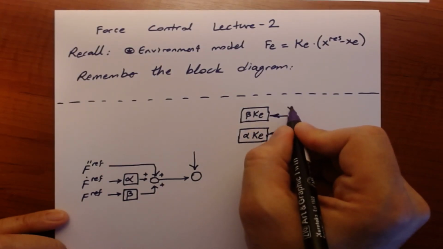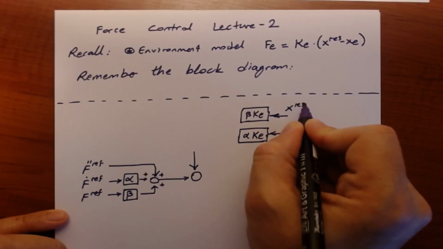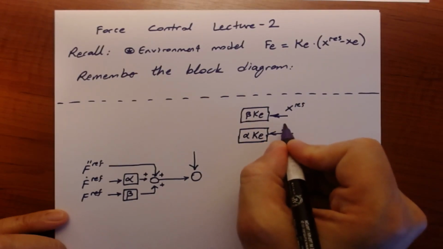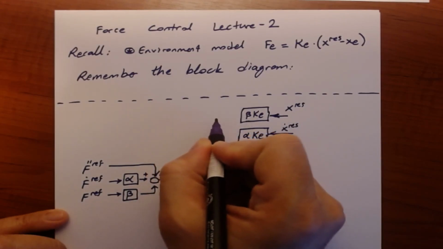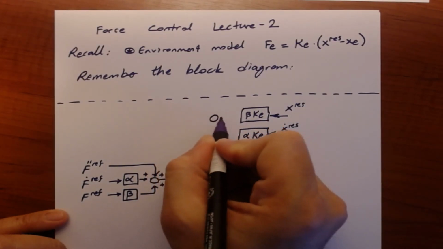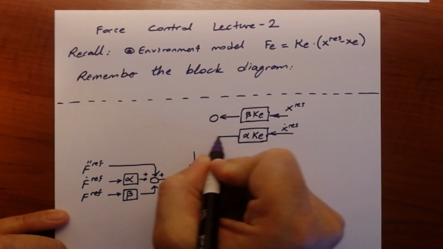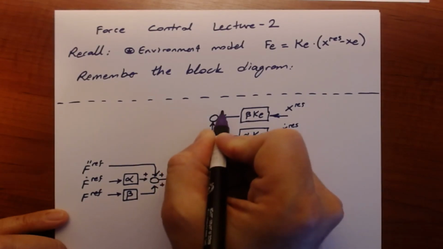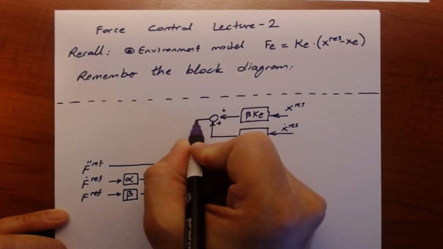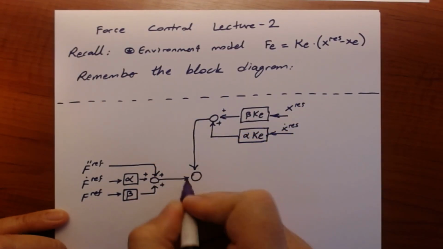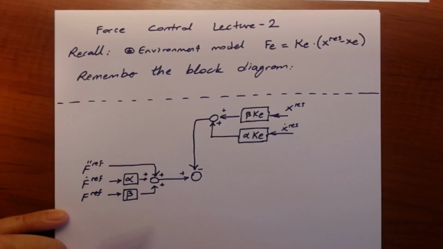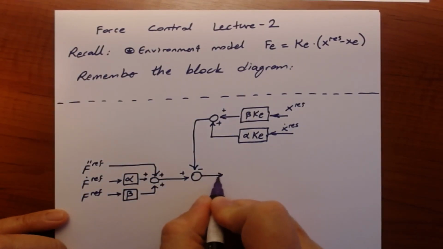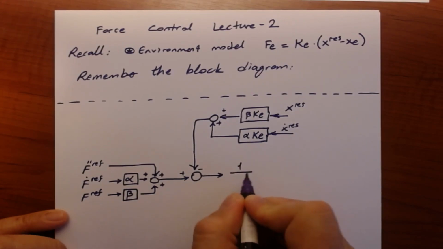That is x res, response position, that's x dot res. And we were adding these items up and subtracting this from our reference to generate the feedback in the system. And overall, the equations told us that we have to scale everything by 1 over KE after all.